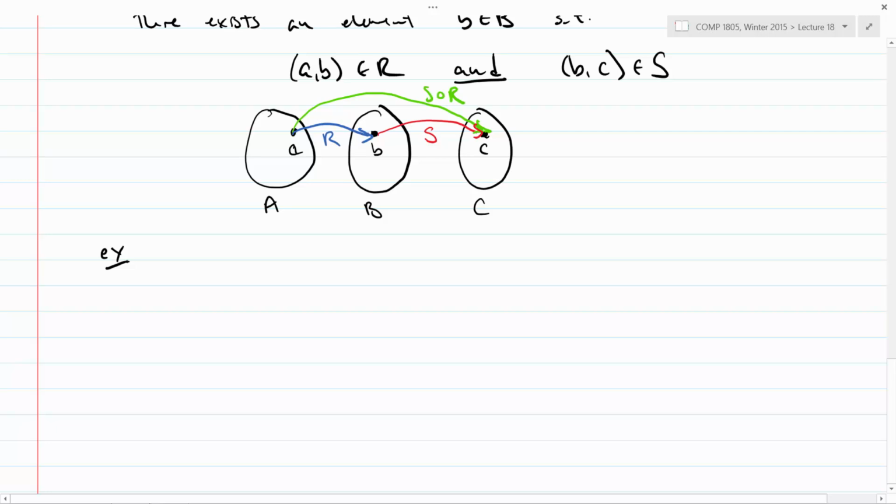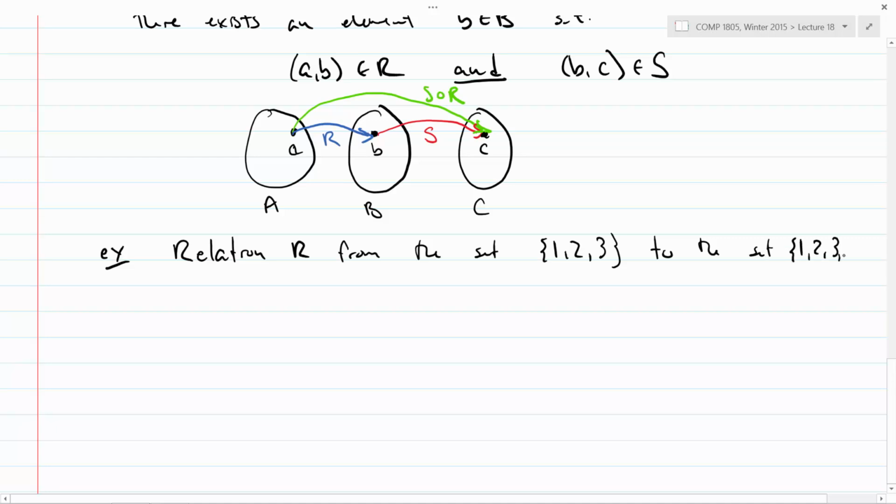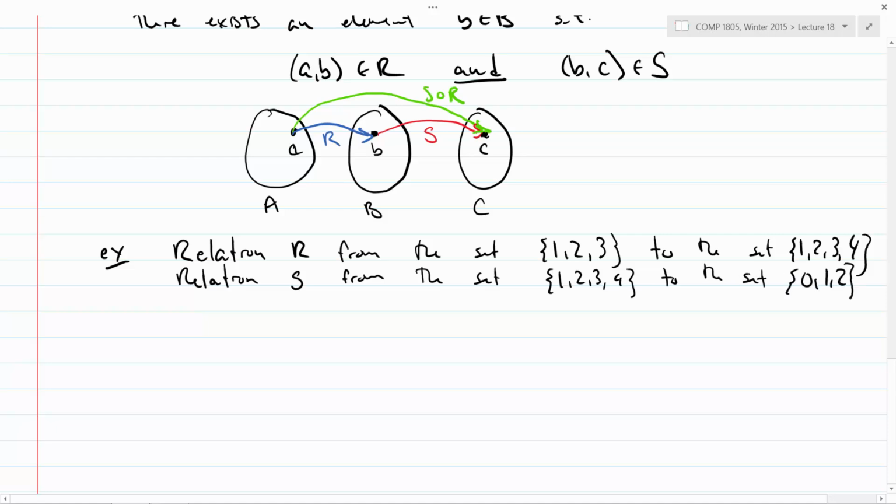Let's say we have a relation R from the set 1, 2, 3 to the set 1, 2, 3, 4, and a relation S from the set 1, 2, 3, 4 to the set 0, 1, 2. And we can define these relations in the following way.